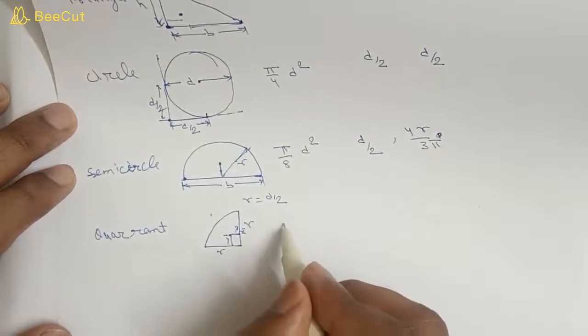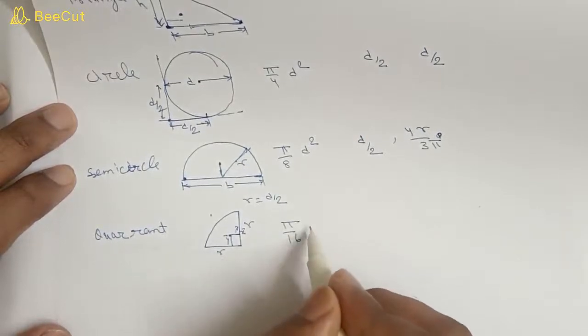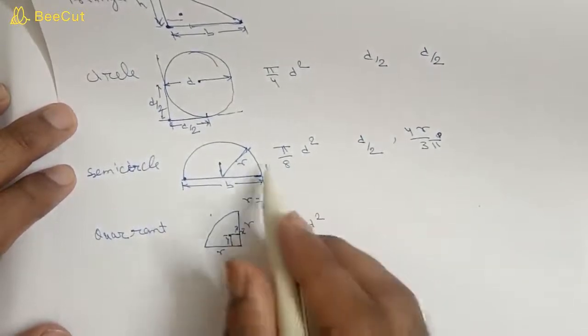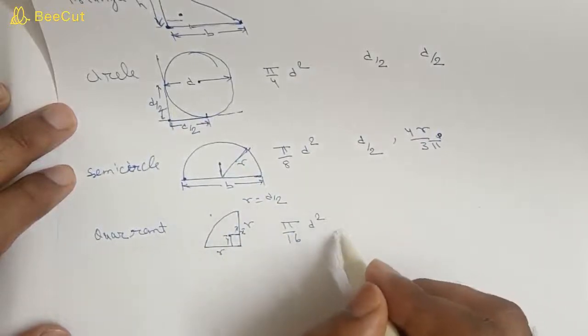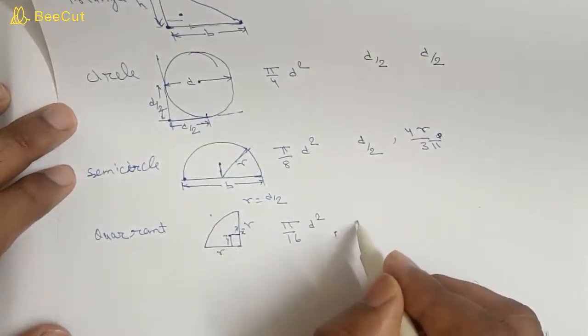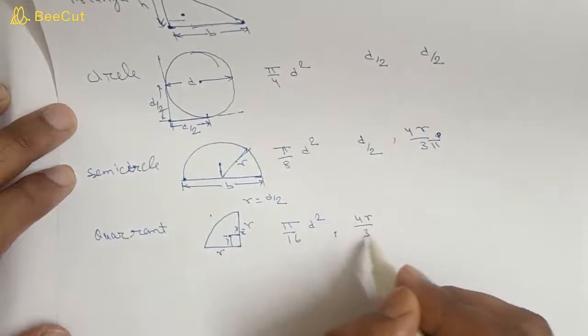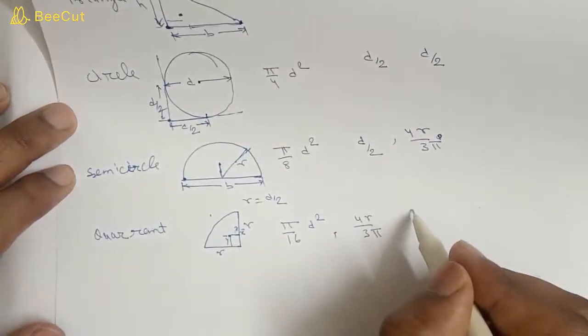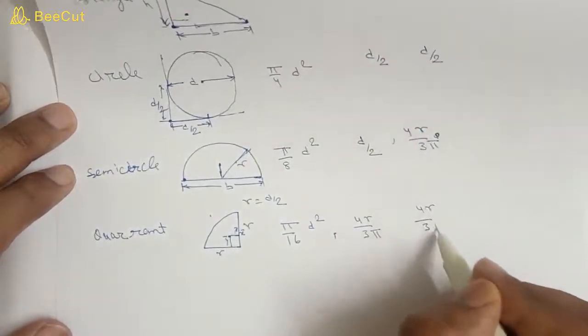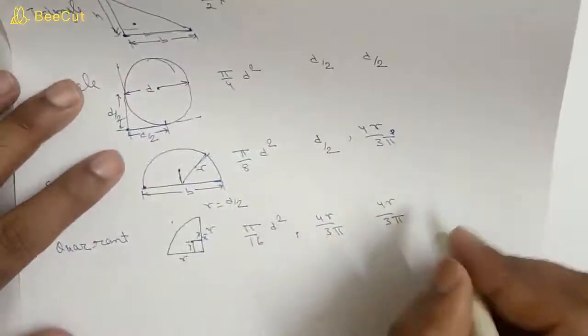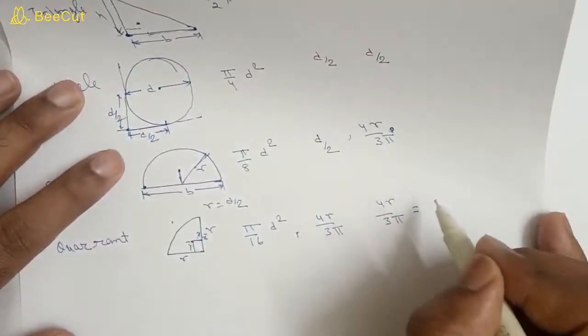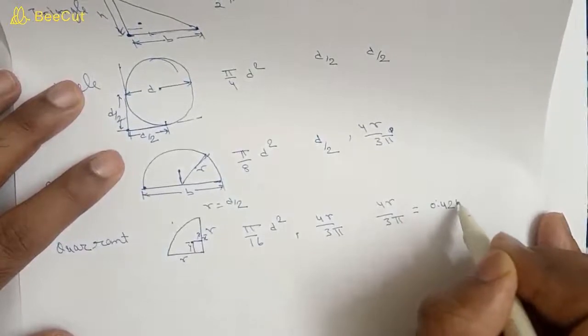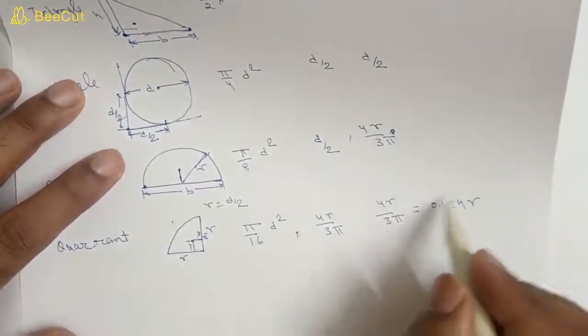So area of this will be pi by 16 into d square, half of this semicircle. Then its x bar will be 4r upon 3 pi, and y bar will be also 4r upon 3 pi. So if you calculate the value of 4r upon 3 pi, you will get 0.424 r. So you can directly write like this.